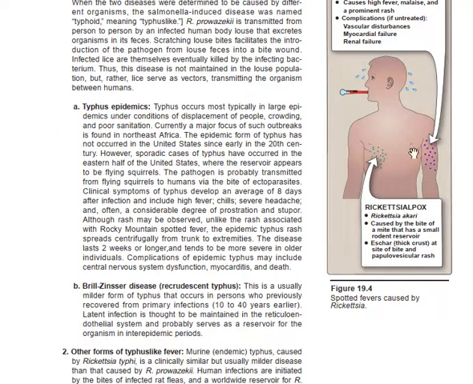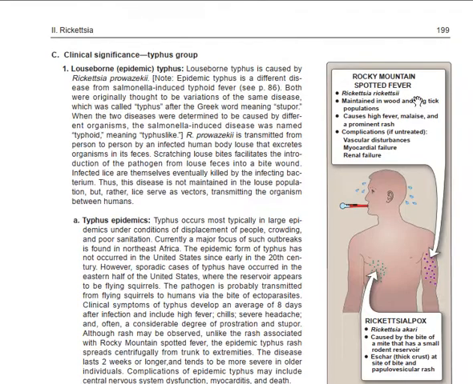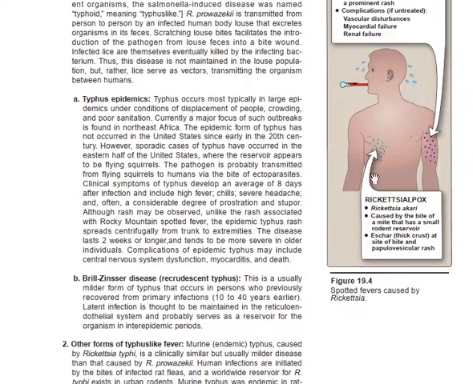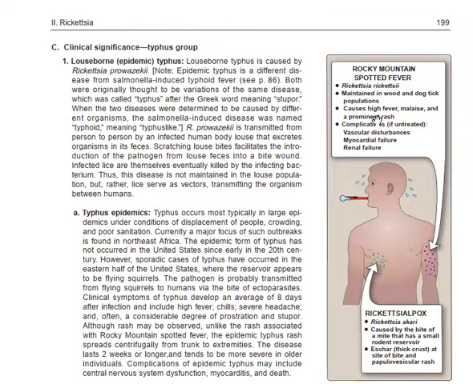These are the different rashes involved in Rocky Mountain spotted fever. Another form of rickettsial disease is rickettsialpox, which is caused by Rickettsia akari. It is caused by the bite of a mite, and not a tick as in the case of dog ticks and wood ticks in Rocky Mountain spotted fever.